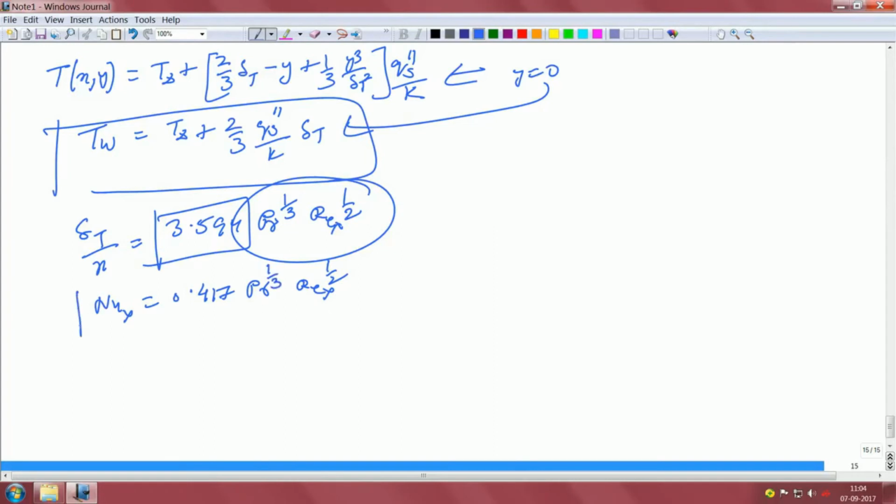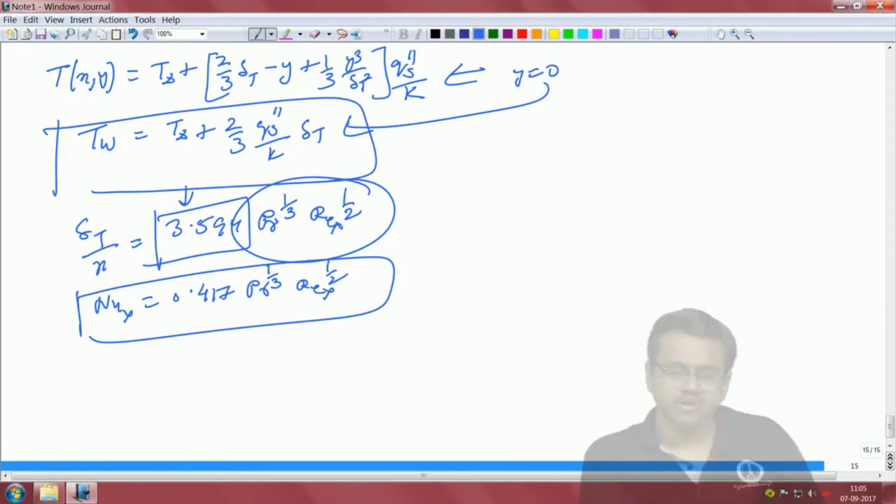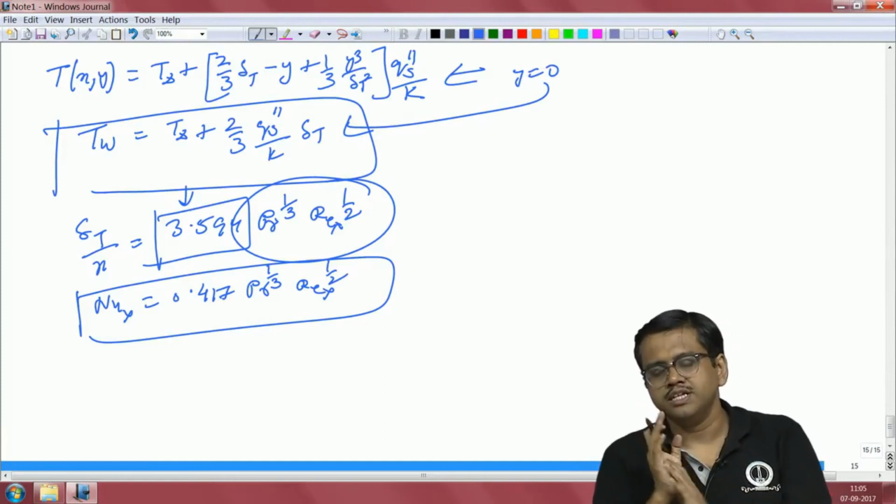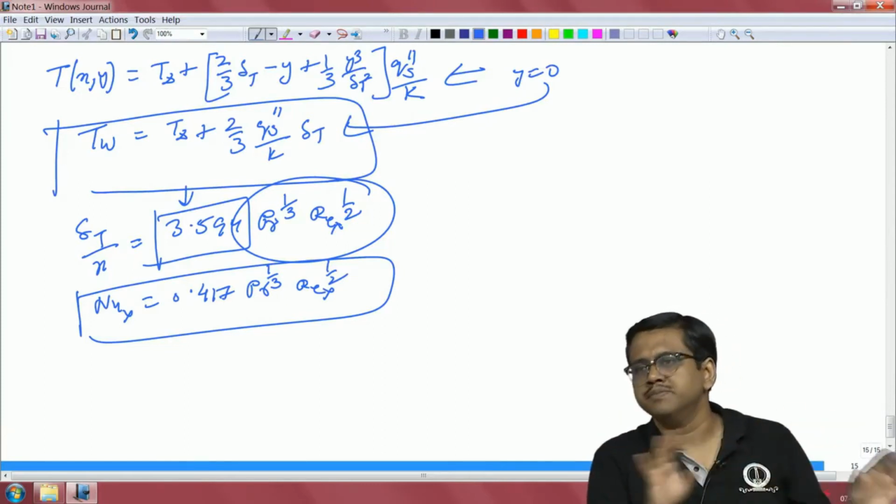The Nusselt number will be a little higher because this coefficient is a little lower. That is the reason why you should have your Nusselt number a little higher. So, what we have done is shown that for the two sets of conditions, constant wall temperature and constant wall heat flux, it is possible to cast the expression in a very similar way.